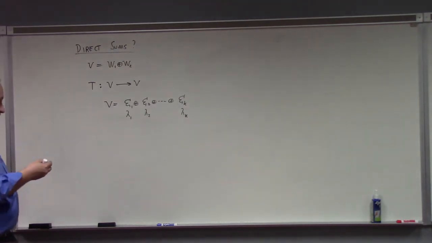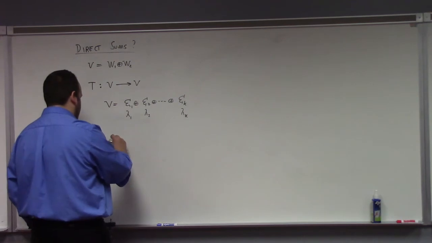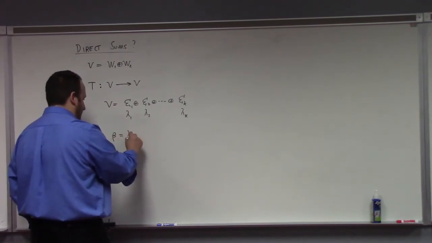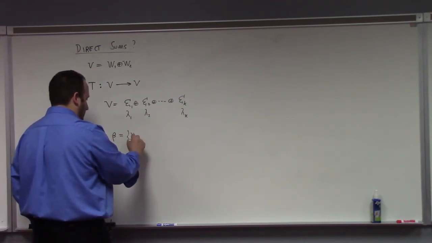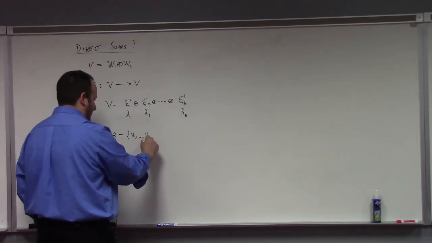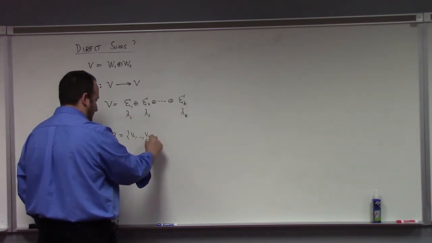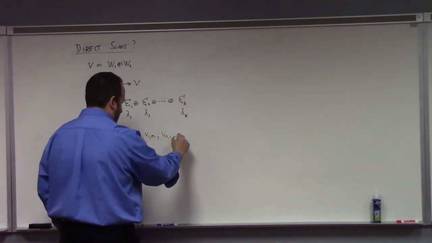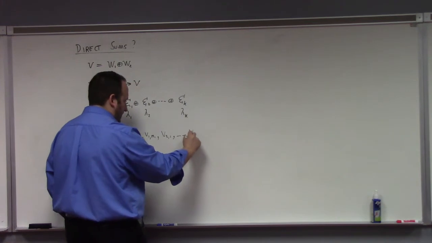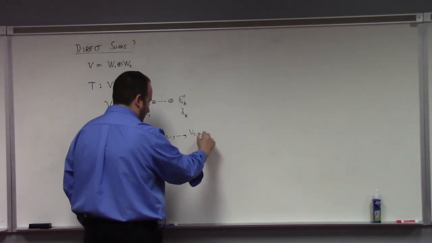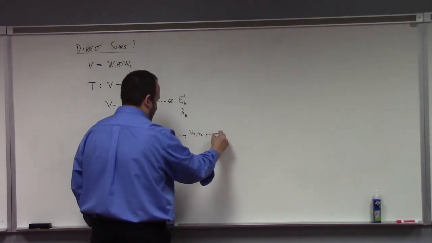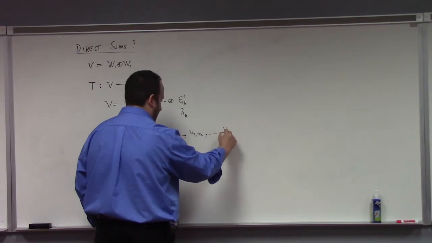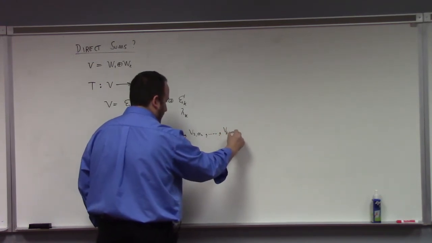And so you can pick an eigenbasis for T, something like v11, through v1m1, v21, through v2m2, and so forth and so on. Eventually you get to the kth one, and however many of those you need.